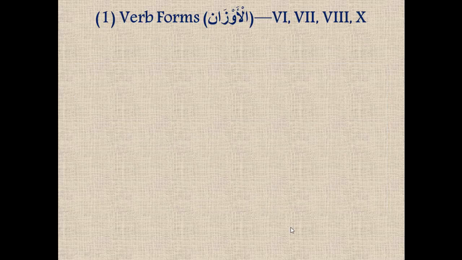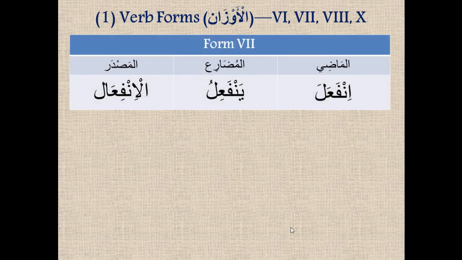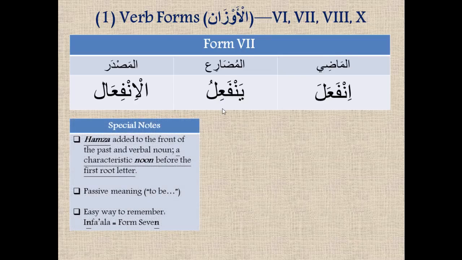Let's move on now to form 7. The form 7 pattern: infa'ala yanfa'ilu al-infi'al. The unique characteristic of form 7 is that number 1, we've added a hamza to the front of the past and the verbal noun.